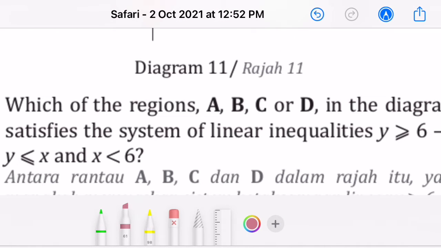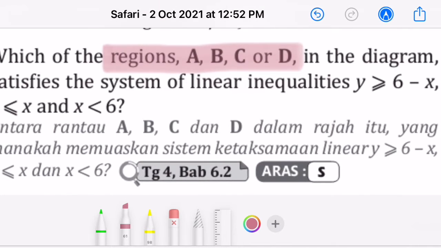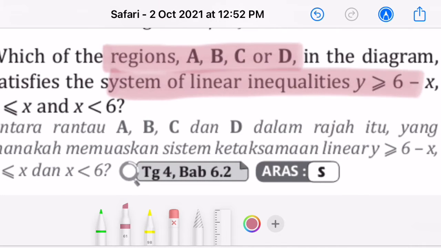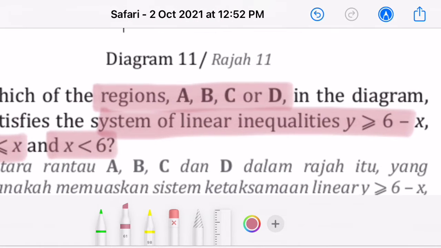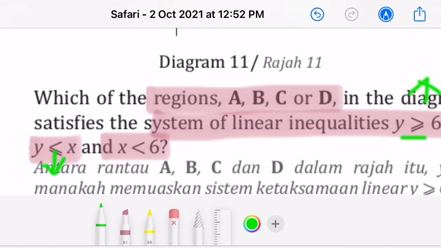Which of the regions A, B, C, D in the diagram satisfy the system of linear inequalities: y greater than or equal to 6 minus x, y less than x, and x less than 6? Greater than must be above the line, less than must be below the line, solid line.